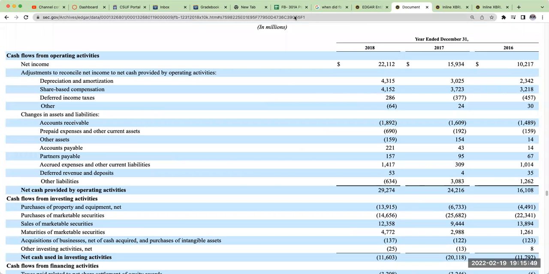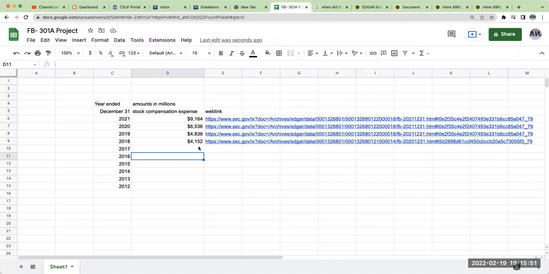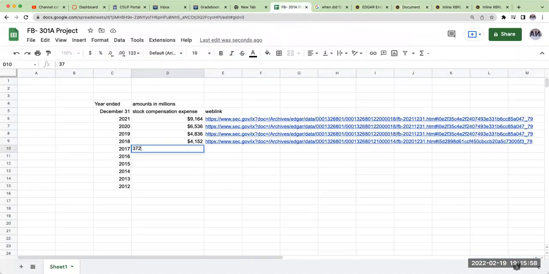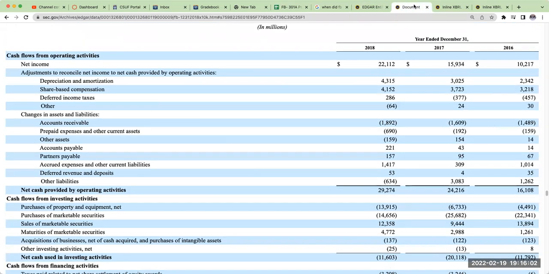I already got the 4152. Let's pull up the other ones. So we've got 3723, and then we also have 3218.